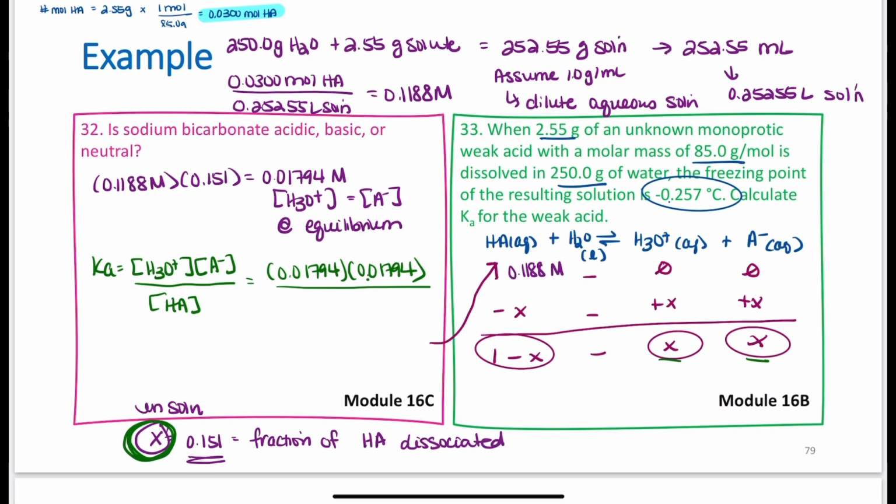And again, this is the fraction dissociated, so not the same exact thing, okay? It's not the molarity that has to plug in this table. This is 0.1188 minus 0.01794 for the equilibrium concentrations.